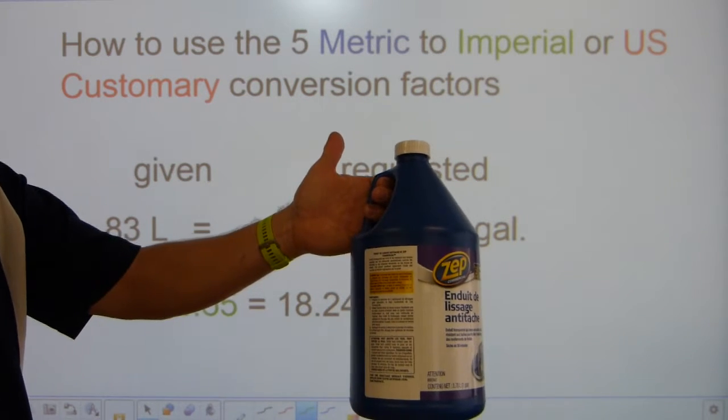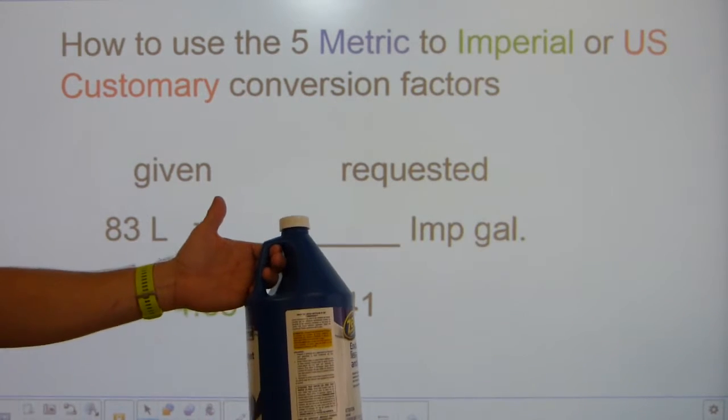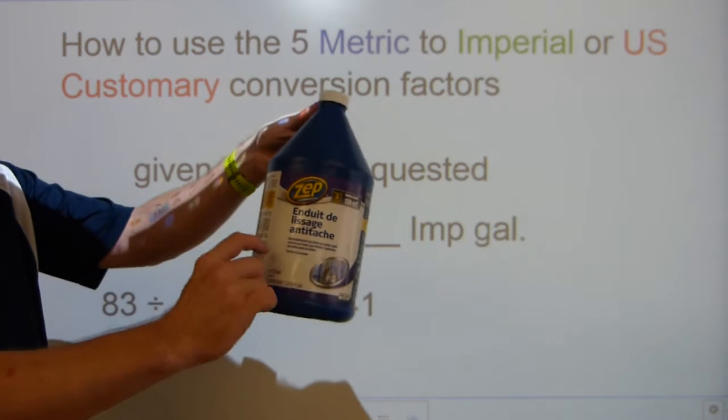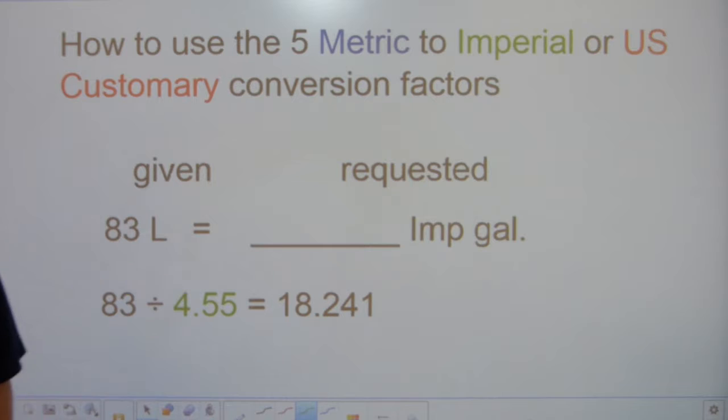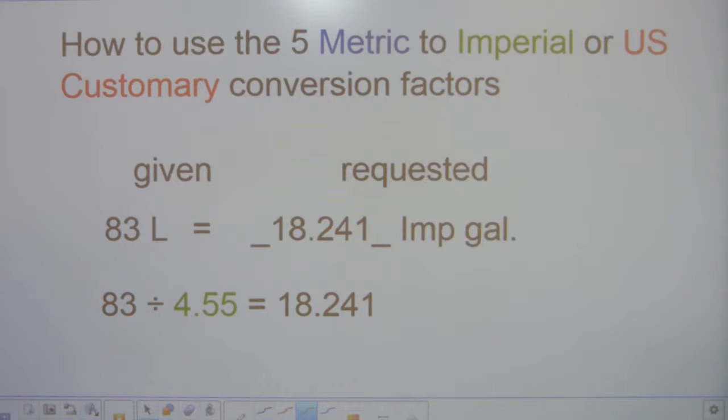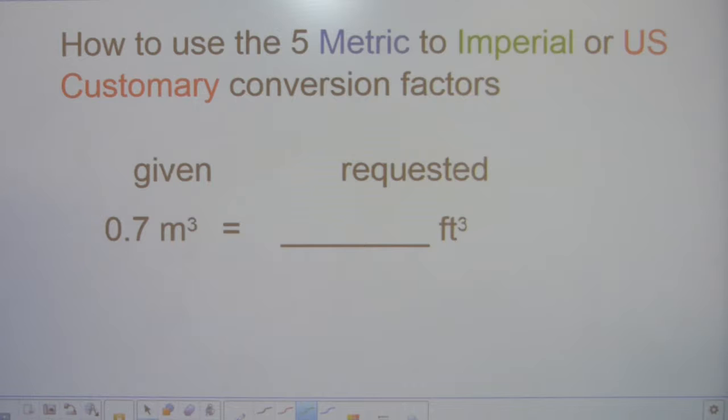Let's see how many of these larger gallons you have filled up. Well, it's going to be 18 plus a little bit in one of them, 18.241 it is. So that's visualizing and having a sense of division. Oh, sorry, that's how it looks when you copy the answer accurately. So let's look at another one.